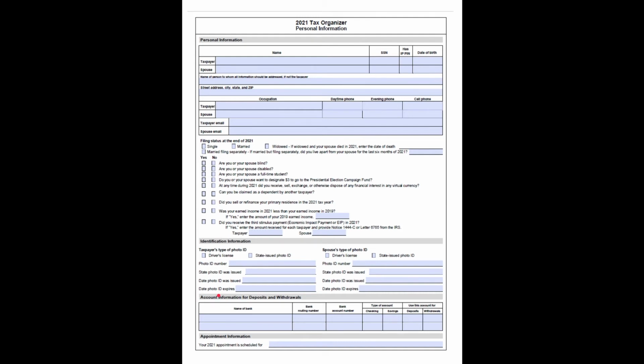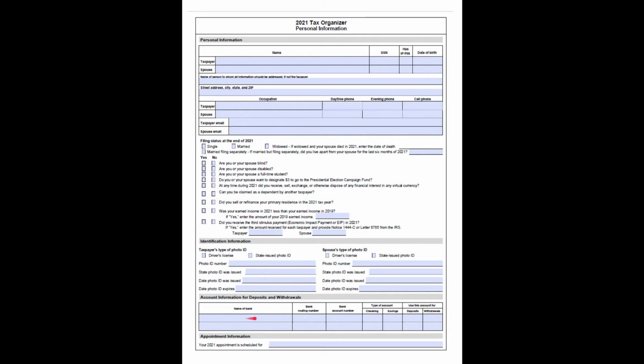And this identification information below will need to be filled out if you live in a state that has income tax. If you do not, you may skip this section. Finally, on this page, we are asking for your banking information if you would like an automatic deposit of your refund or an automatic withdrawal of any tax liability you owe.